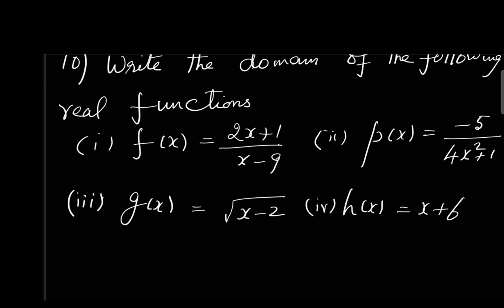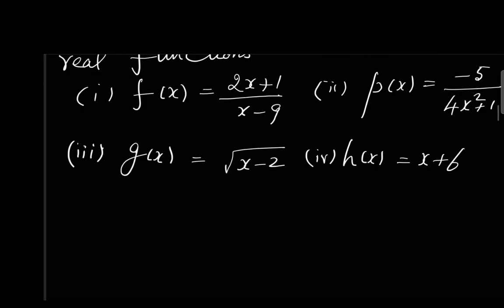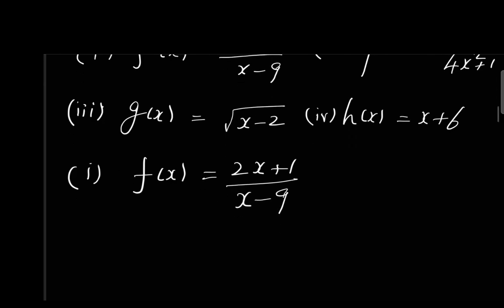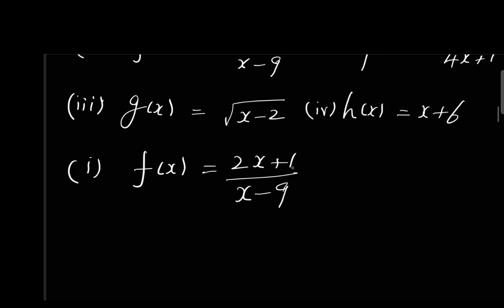See the 10th question. Write the domain of the following real functions. You have to find only the domain. See the values: what values can you substitute for x? Let me take the first sum. f(x) is (2x + 1)/(x − 9). I can substitute any values for x, but I should concentrate on the denominator.